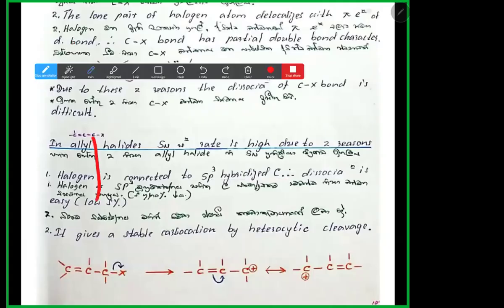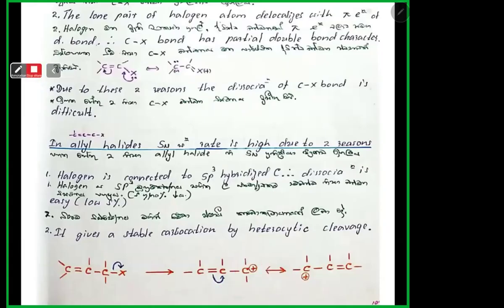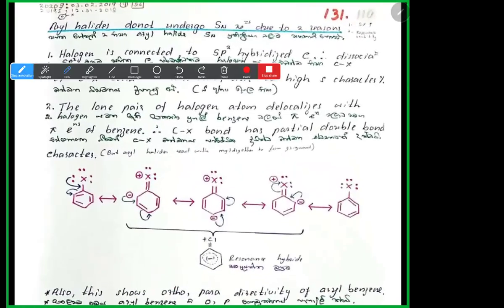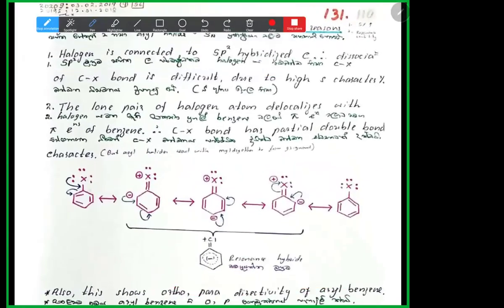But allyl halides participate. The hybridization is sp3, less electronegative, and once you make that positive charge, it can delocalize in the ring, giving resonance stability. So allyl halides participate in SN reactions. Aryl halides again have the same two reasons but do not participate. One is high electronegativity of the sp2 carbon.